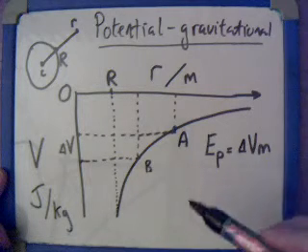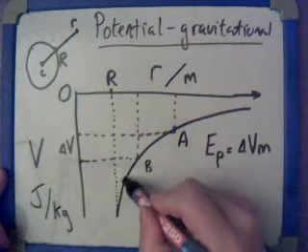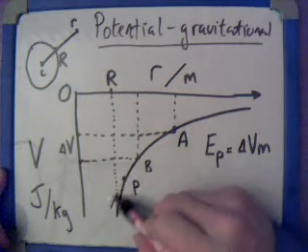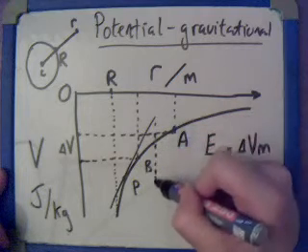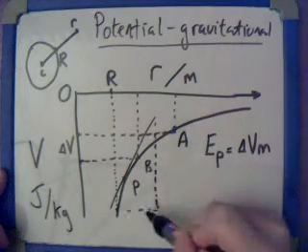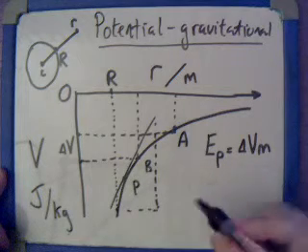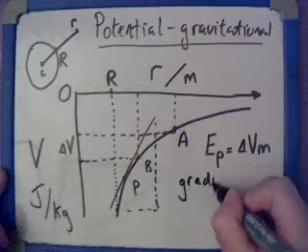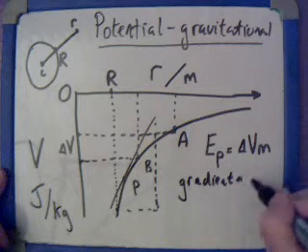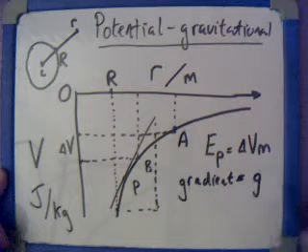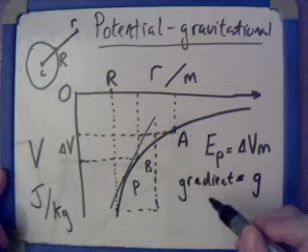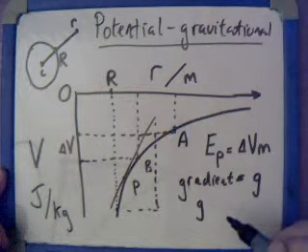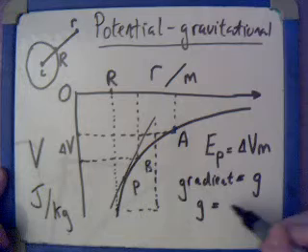Let's take a point P on this curve, and if we drew a tangent and drew a nice big triangle, we'd find the gradient at that point P, and the gradient is equal to the gravitational field strength.